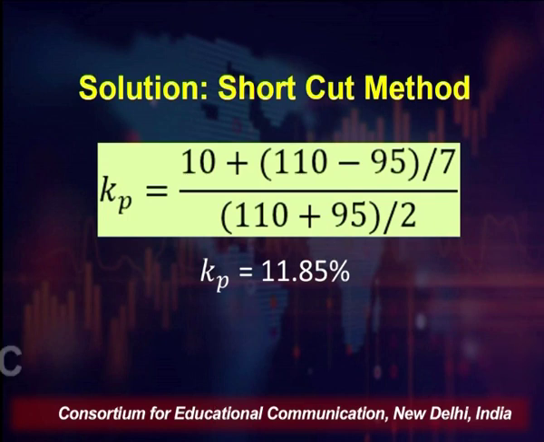And after solving this equation, the value that we will get is 11.85%. So, cost of preference shares in this case is 11.85%.